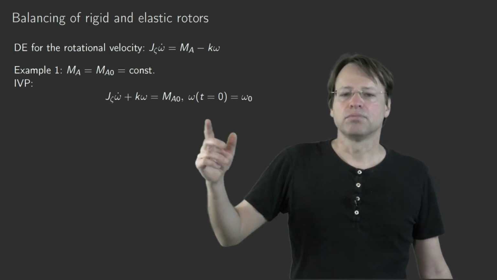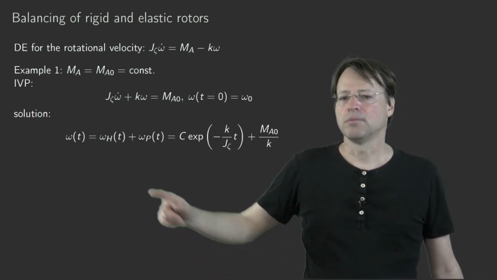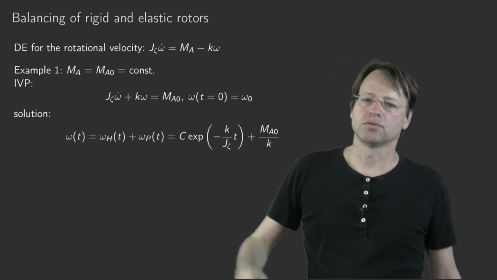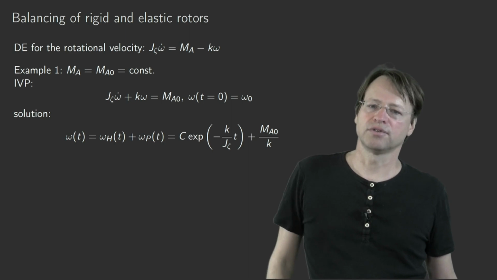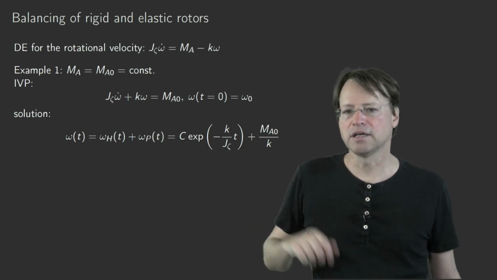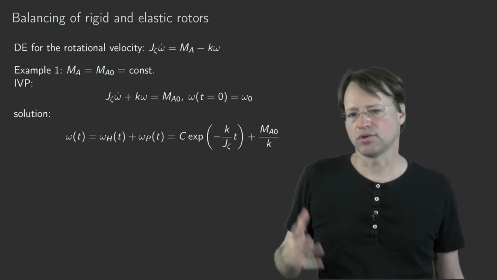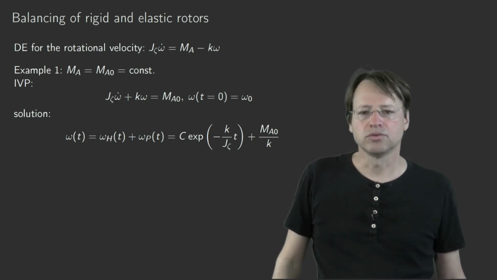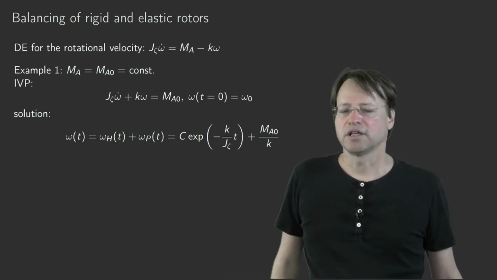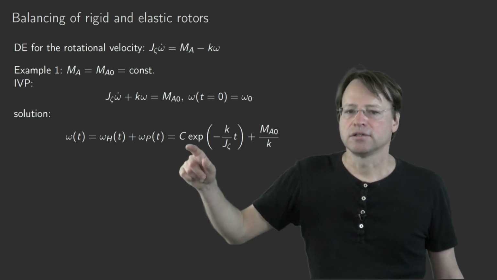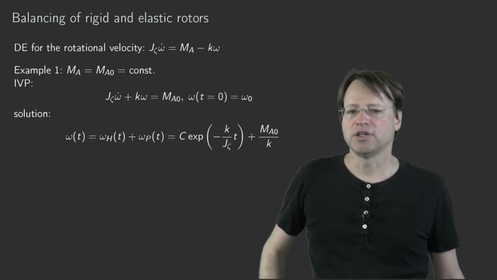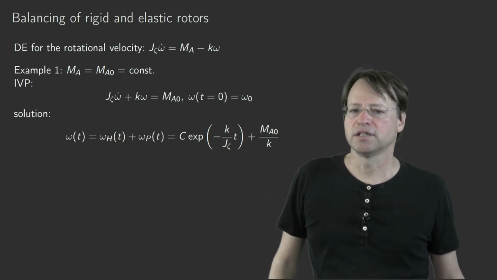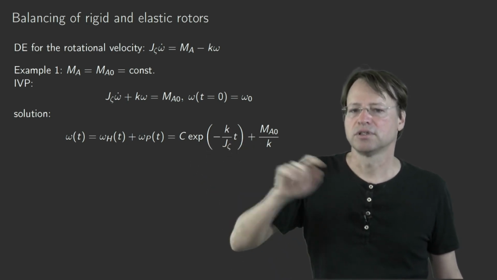The solution is composed, of course, by the solution to the homogeneous equation and then one particular solution. The solution to that homogeneous differential equation, being a first order linear ordinary differential equation, is, I think, well known to you. You can obtain it by that exponential setting, and it is just an integration constant c times exponential minus k divided by J_ζ times t.